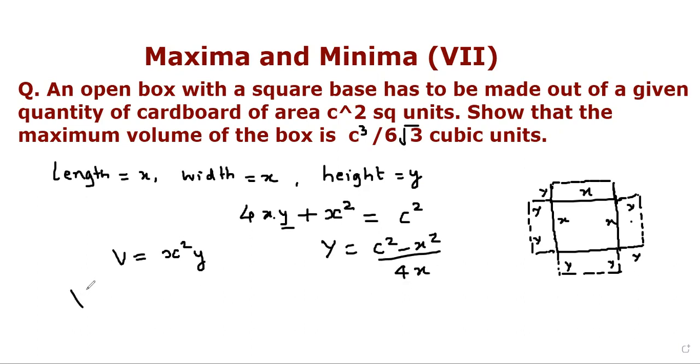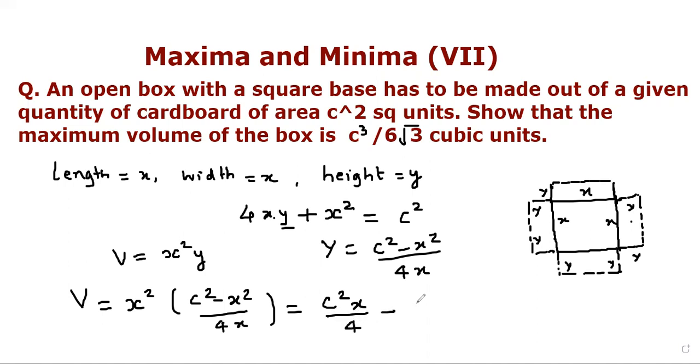So volume equals x square times c square minus x square divided by 4x, which, if we simplify, gives c square x divided by 4 minus x cube divided by 4. So we have got the relation of volume.